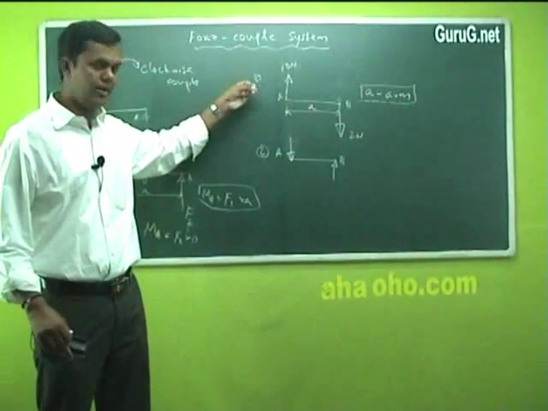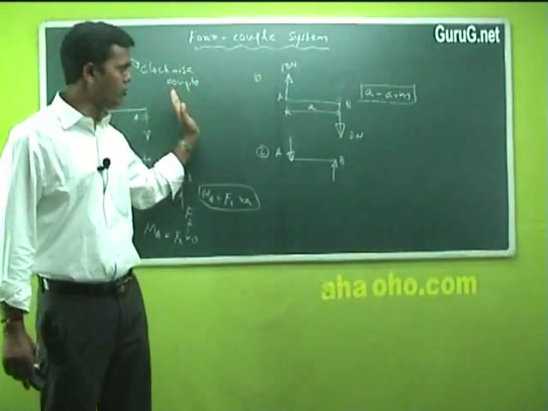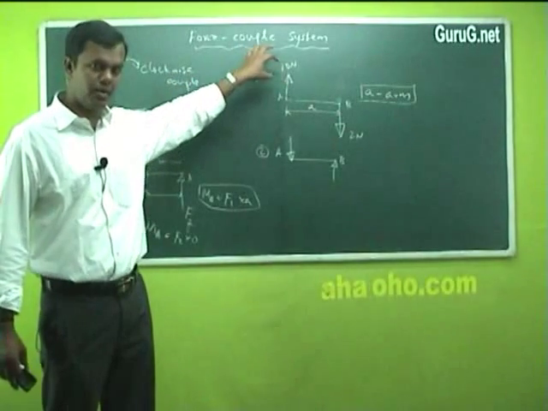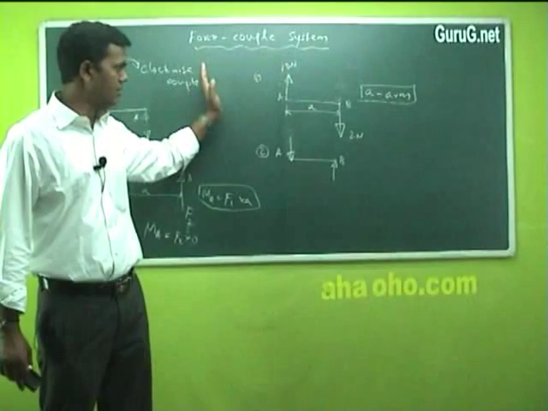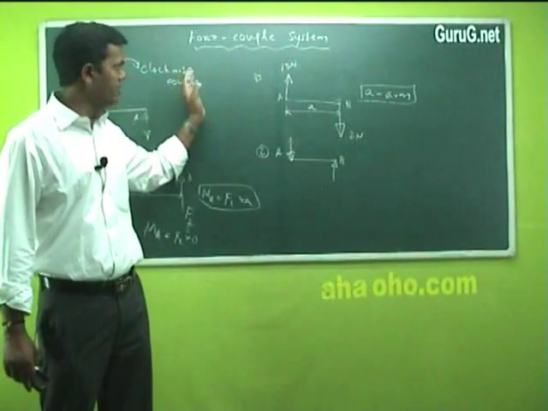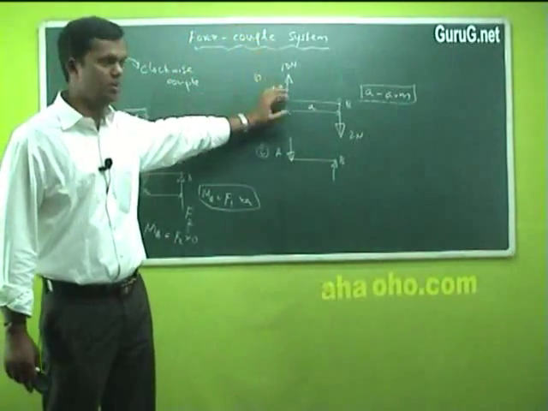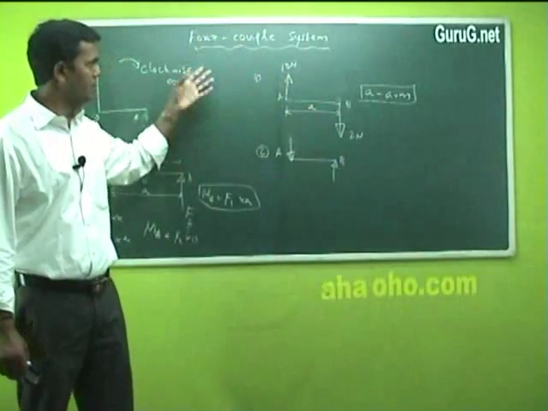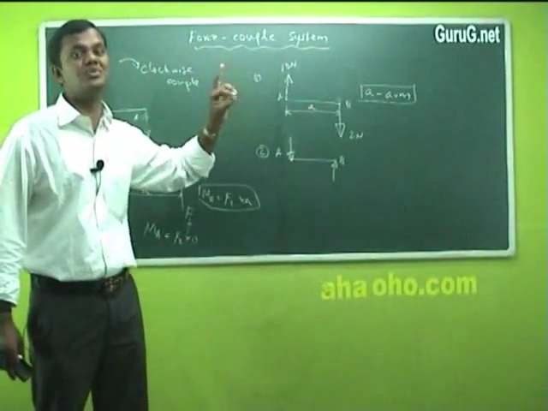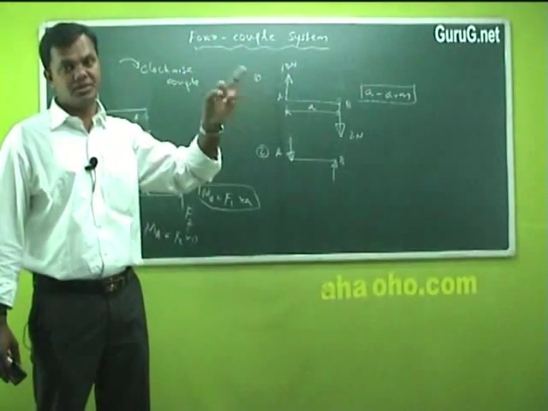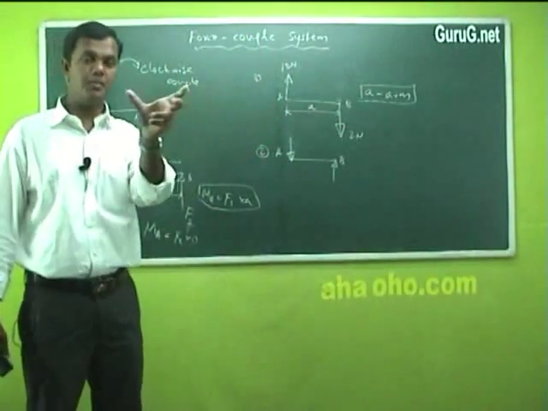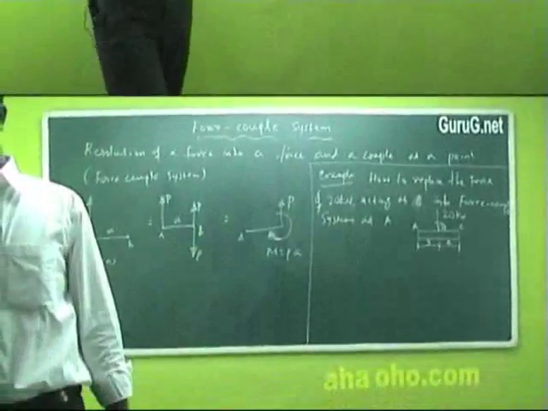If we solve one or two problems with numbers and values, learning how to convert a force into a coupled system, you will understand better. The purpose is to analyze the twisting force, which gives a twisting moment, so that the body is in complete equilibrium condition.